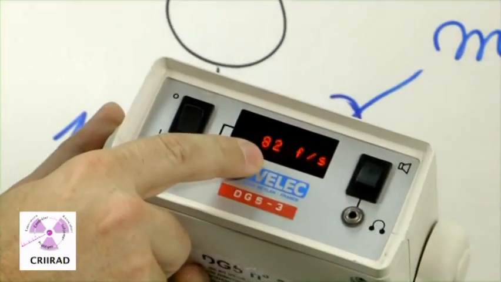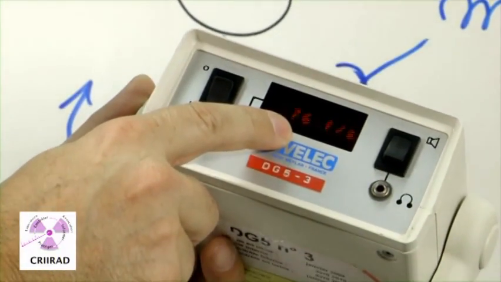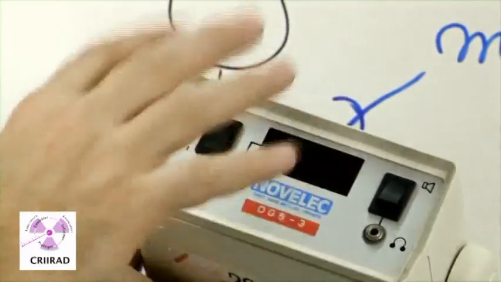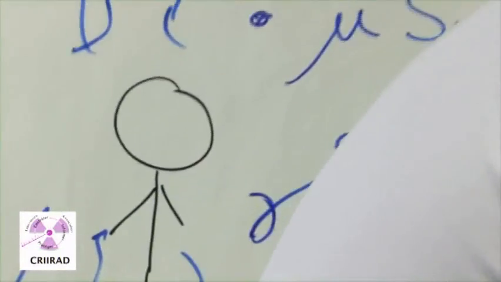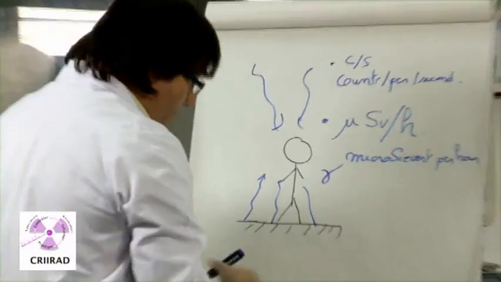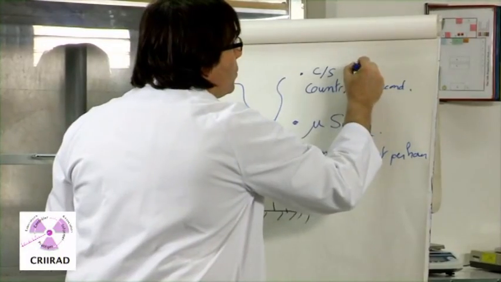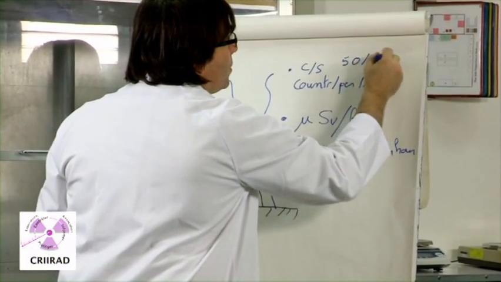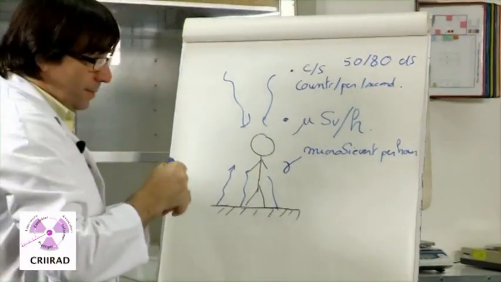At this moment, we have about 50 to 80 counts per second. It is the natural ambient radiation in the laboratory, which we call background radiation.